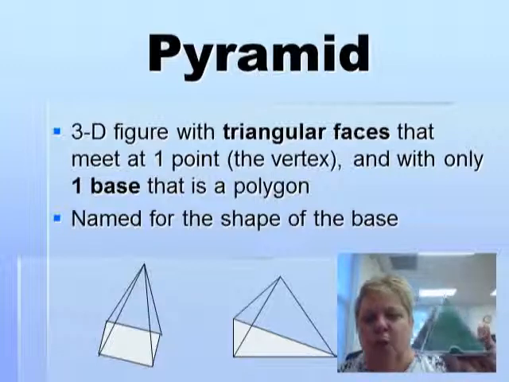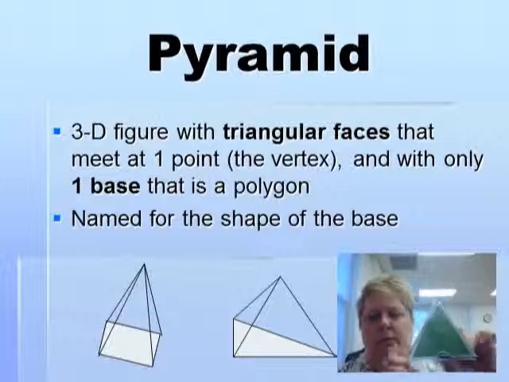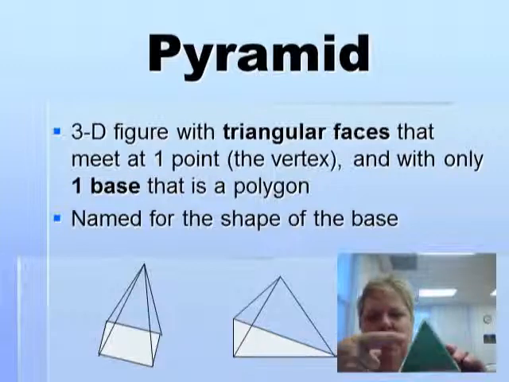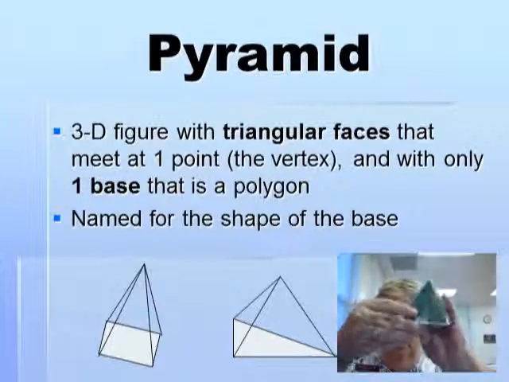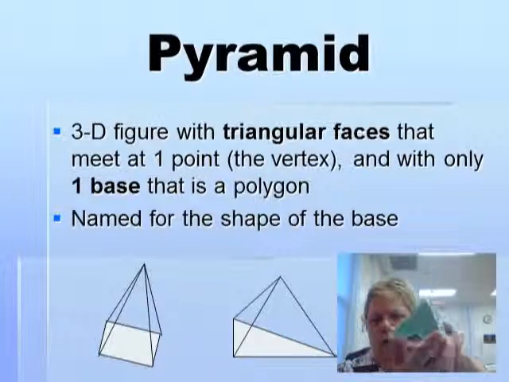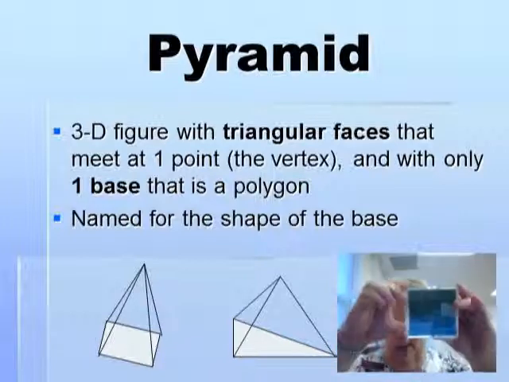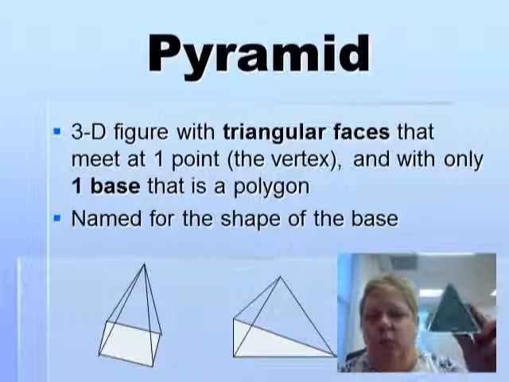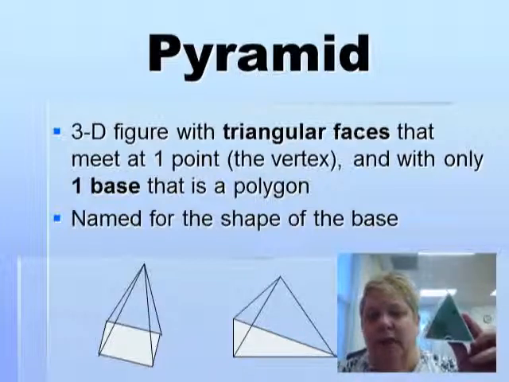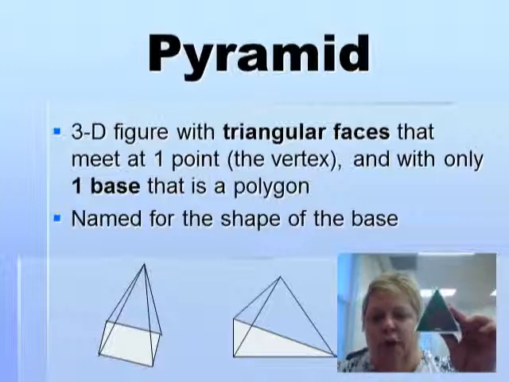It would have just one base, and all the other faces are triangles. So you can see triangle, triangle, triangle, triangle. Here's the base. It's a square. So this is a square pyramid because once again, the shape is named by its base. Square pyramid.